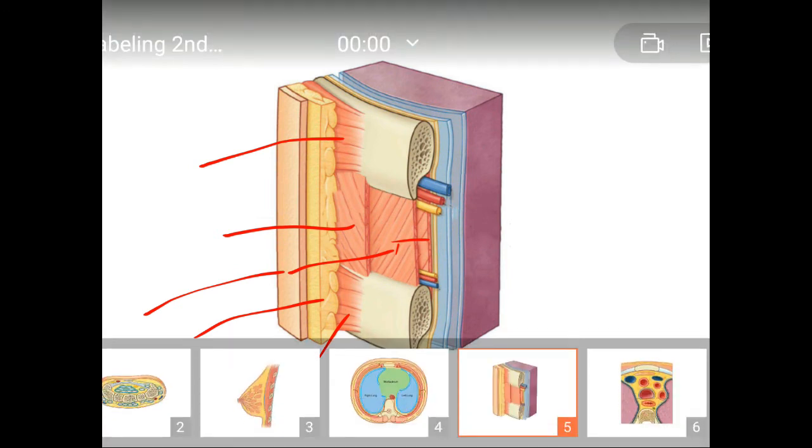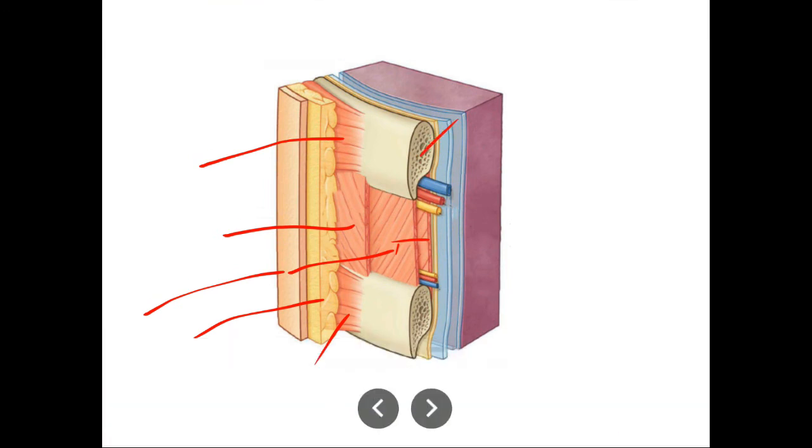Then we got here the rib, and under the rib we are having the costal groove, and at the groove we are having the structures, what we call the intercostal vein, artery and nerve respectively, and downside here we are having the collateral branches of that.